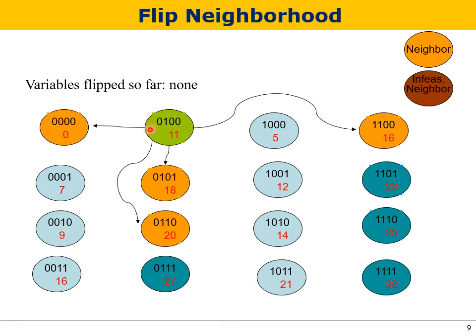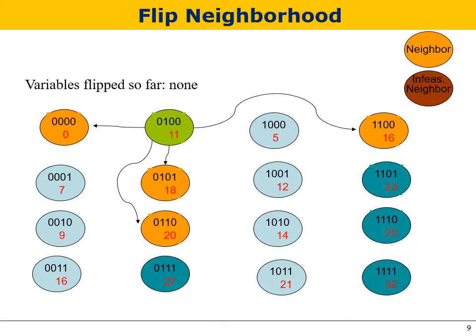If we flip the second one, then we come up with this solution. Flipping the third one brings us this solution, and flipping the fourth one leads us to this solution. Okay, we will represent feasible neighbors with orange color and infeasible neighbors with brown color.